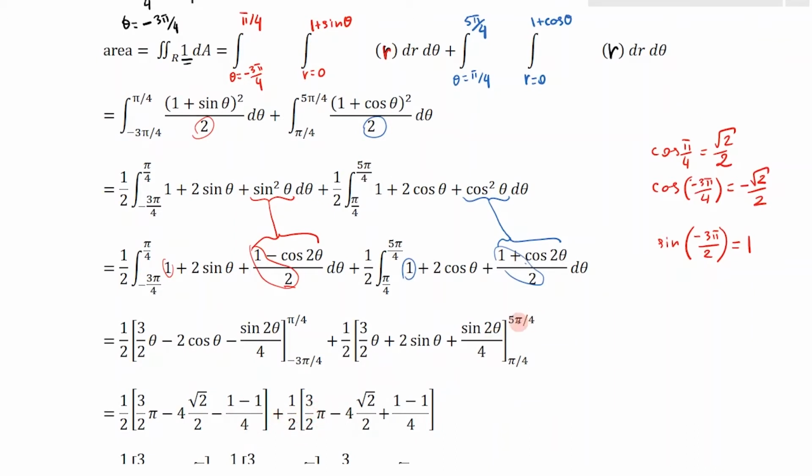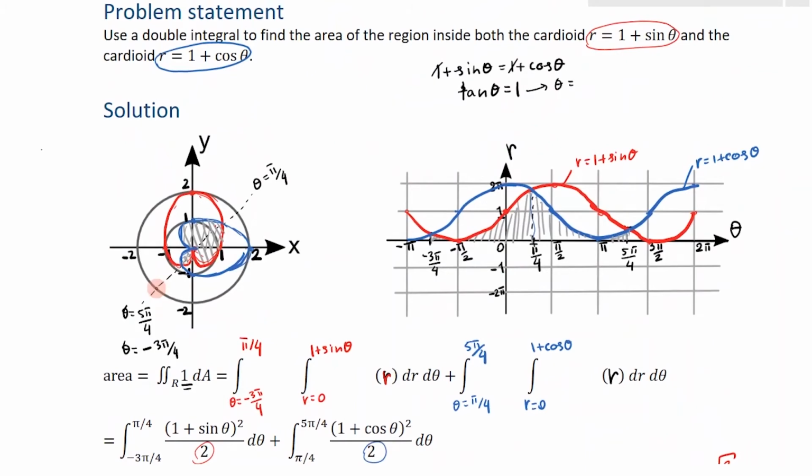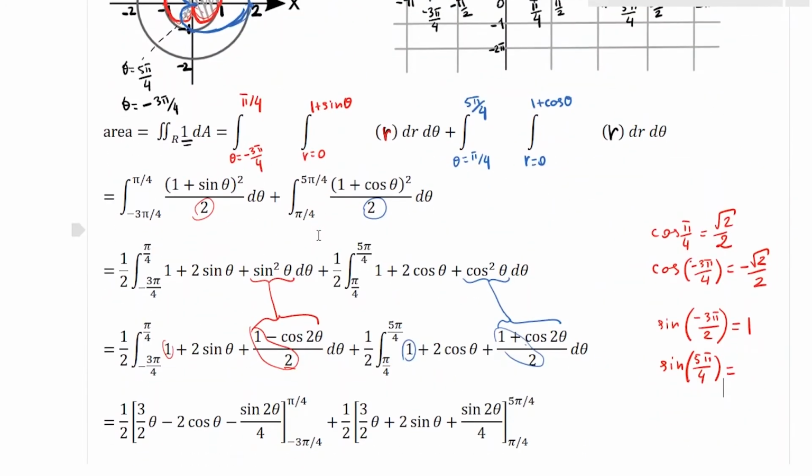This again is pi, if you subtract these two things. Okay, let me explain this one. Sine of 5 pi over 4 is a negative number, so it's negative root 2 over 2.